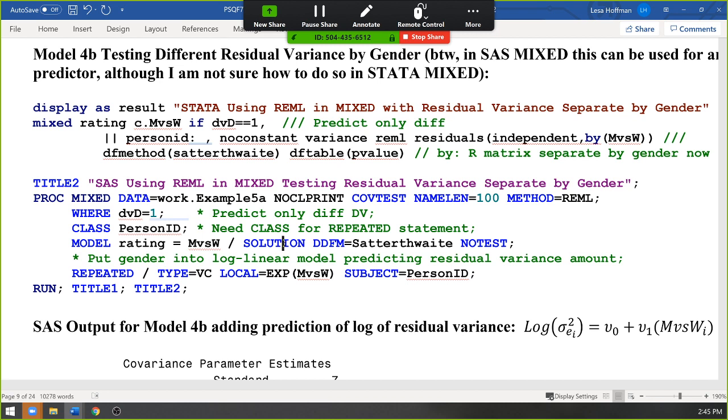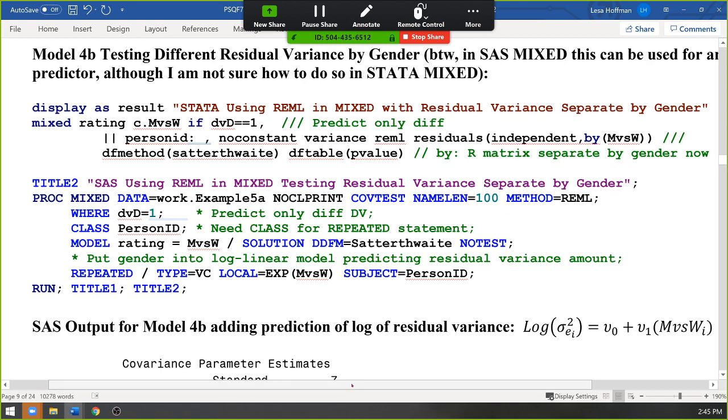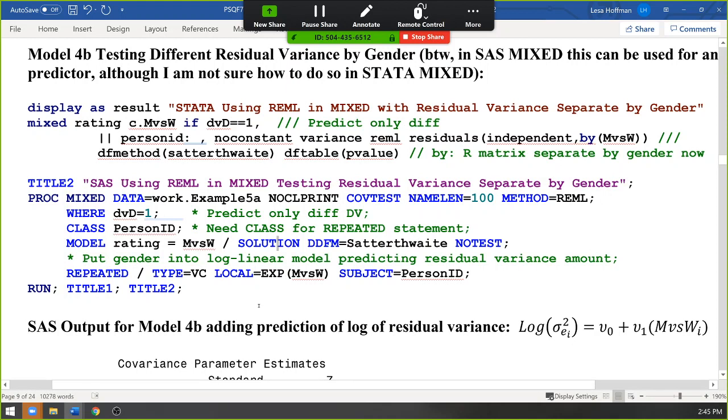I didn't get a chance to yet test whether or not the residual variance should differ between groups with respect to the difference score. And I decided to do that in the univariate model so that I could get at just that one parameter directly. And I wanted to show you this code because, at least in SAS, you can do some more general variance hypothesis testing.